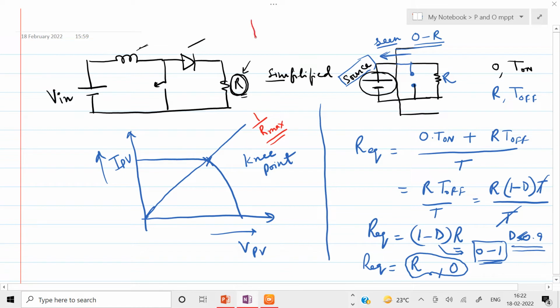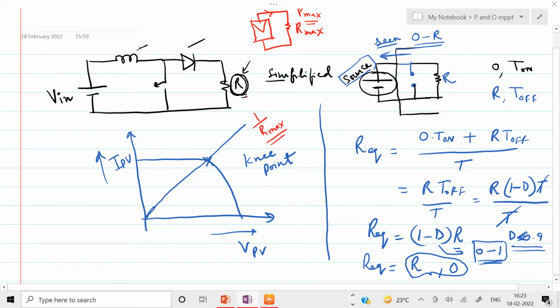That means if we have got a panel and we are connecting it directly to a load having a value of R max, then we can obtain maximum power out of the panel at a particular insolation and temperature. Okay, is it fine?